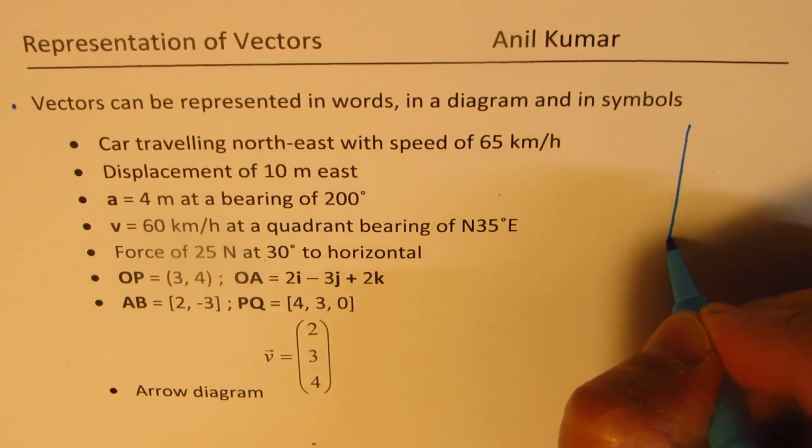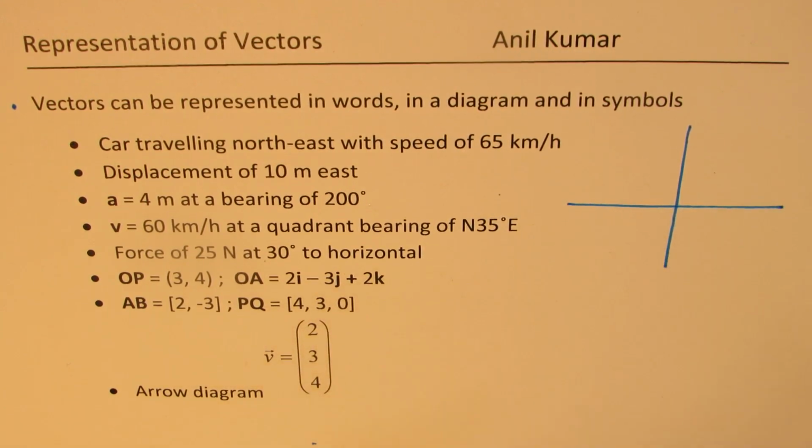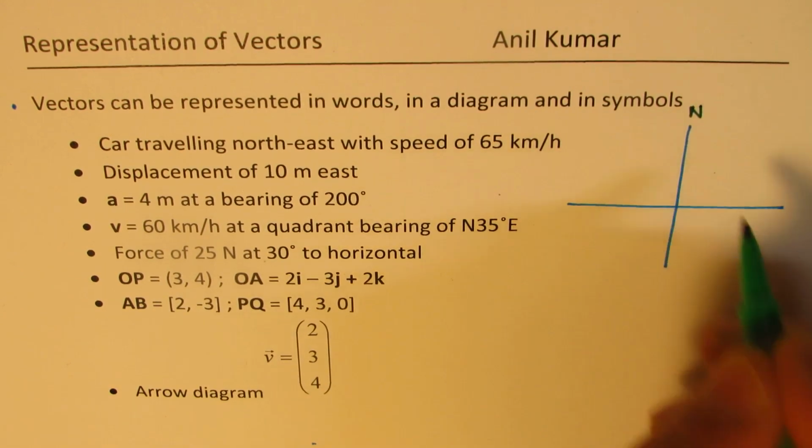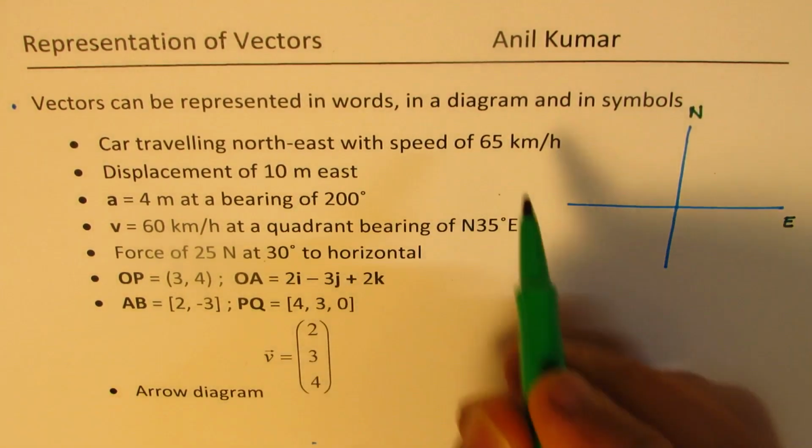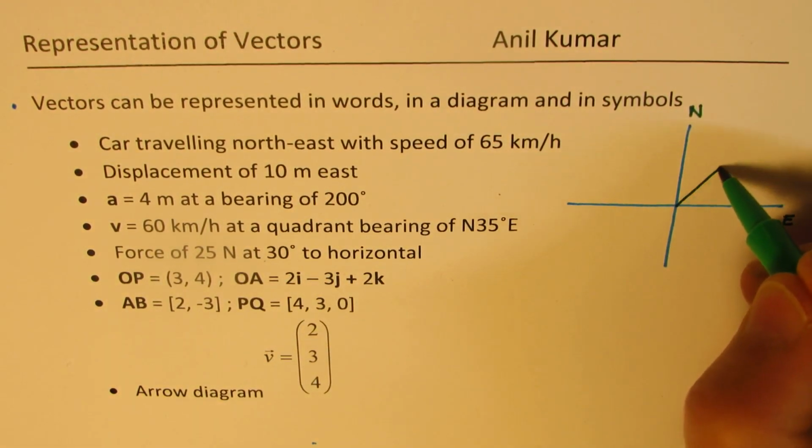I could represent this vector on a coordinate plane, for example, saying that this is north for us, right? This is east. Northeast will be that direction.